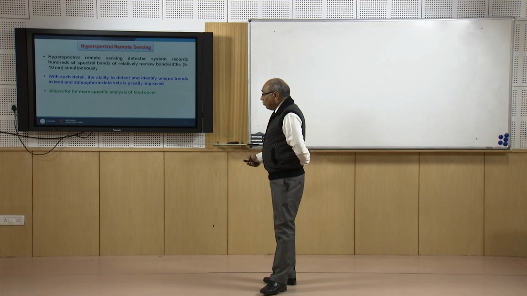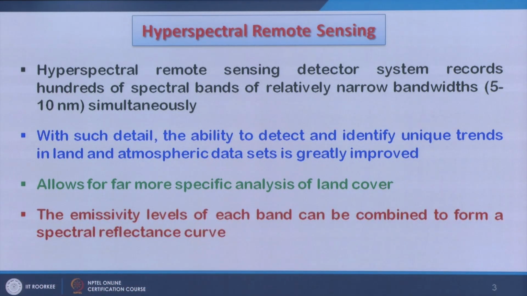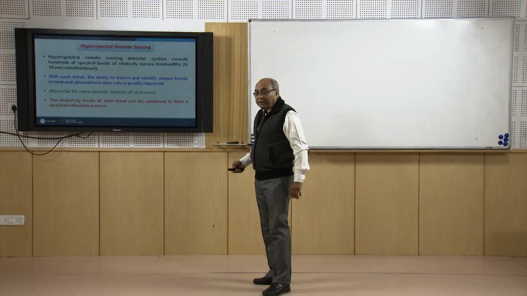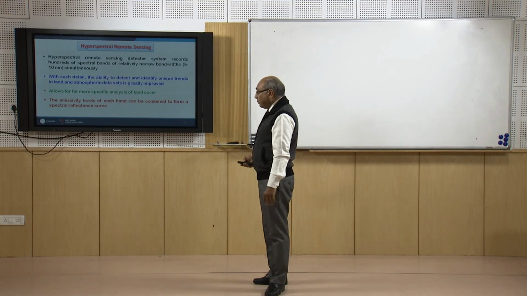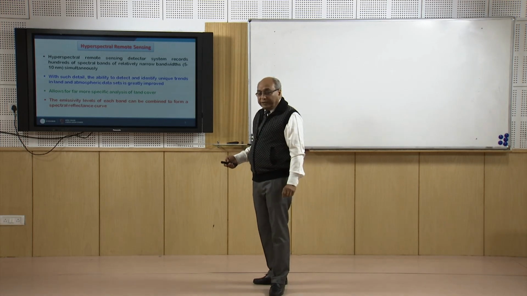Hyperspectral remote sensing also allows a specific analysis for a particular type of land cover, and the emissivity levels of each band can be combined to form a spectral reflectance curve. This is what I said: another purpose is that spectral reflectance curves can be created.